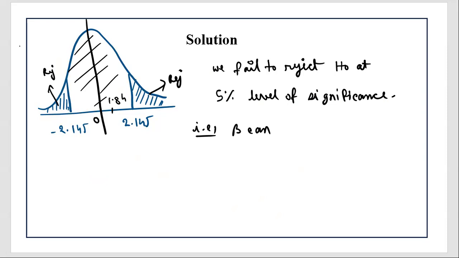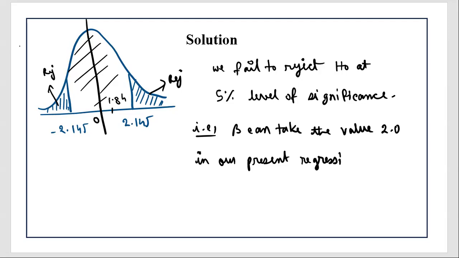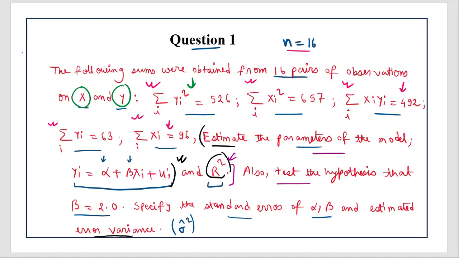That is, beta can take the value 2.0 in our present regression model at 5% level of significance, which is given by the data that is provided to us.